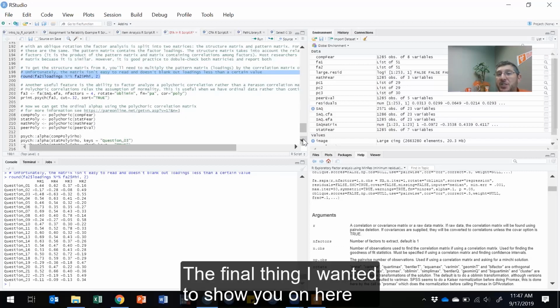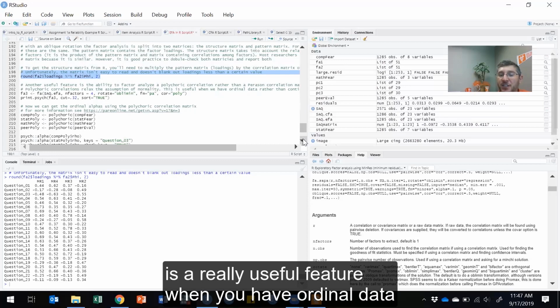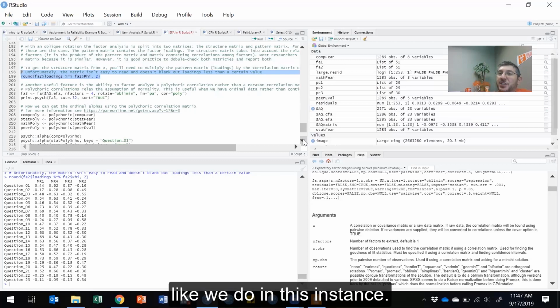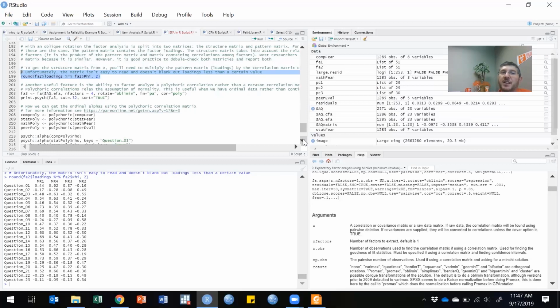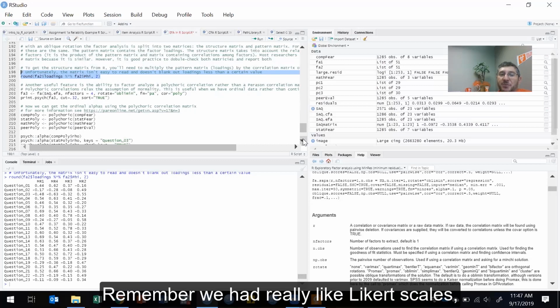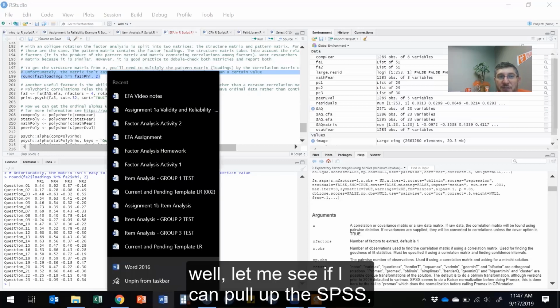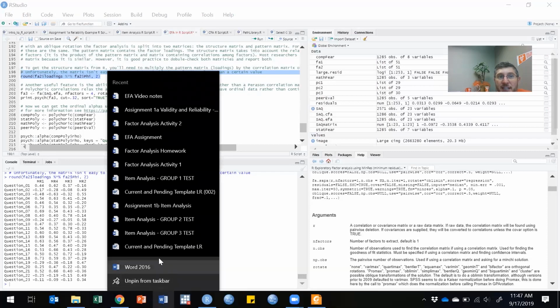The final thing I wanted to show you on here is a really useful feature when you have ordinal data like we do in this instance. Remember these scales, we had really Likert scales. Well, let me see if I can pull up the SPSS.